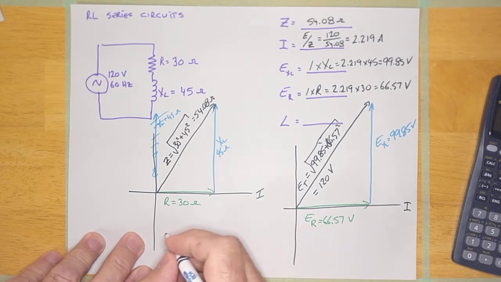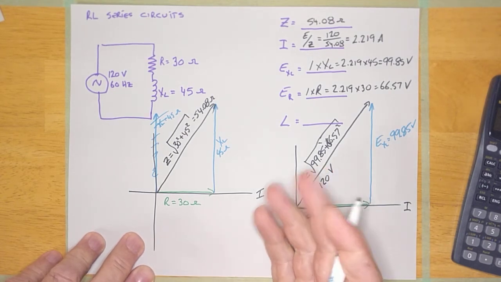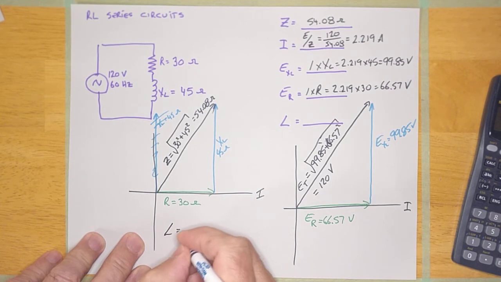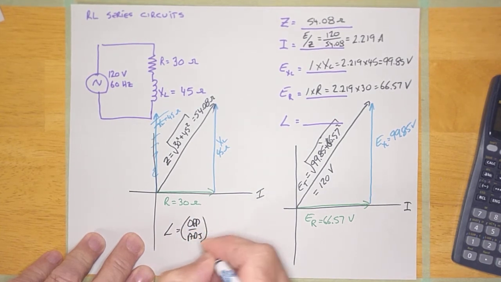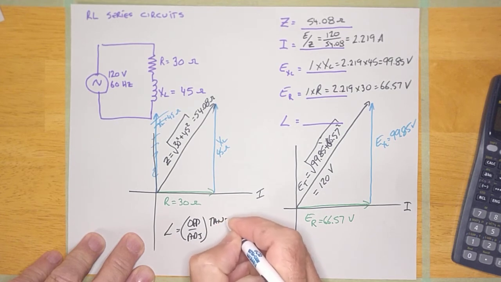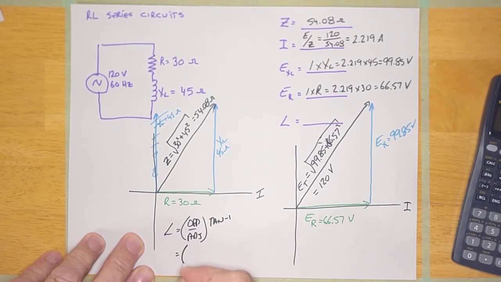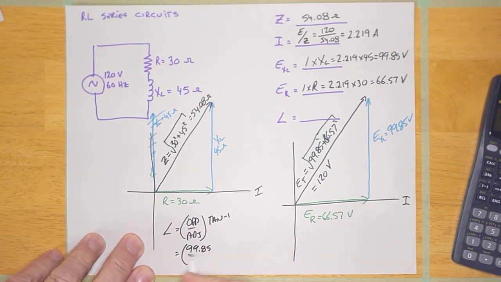And I'm going to use my favorite. The tan of the angle is the opposite over the adjacent, which means the angle is equal to the inverse tan of the opposite over the adjacent, which means 99.85 if I use this triangle, over the adjacent 66.57, tan to the -1.